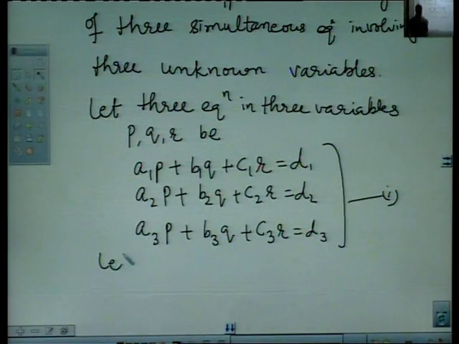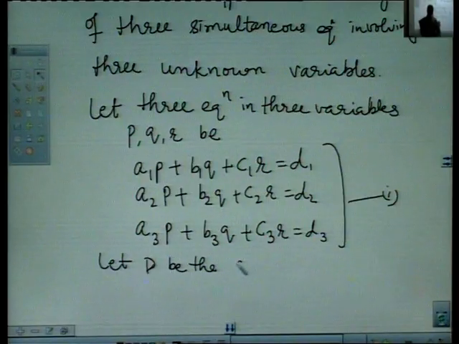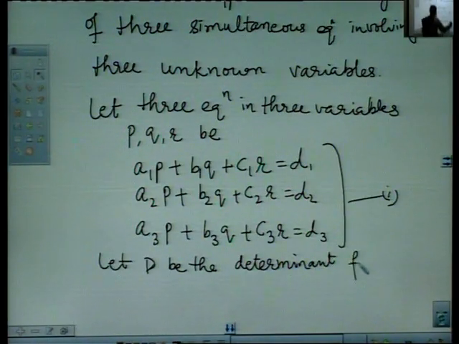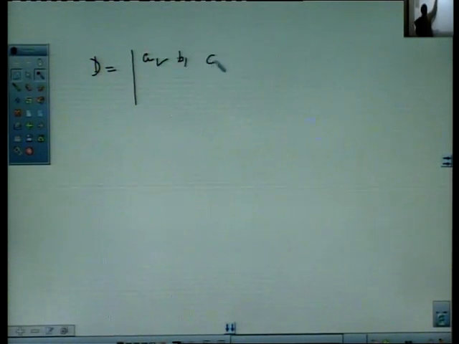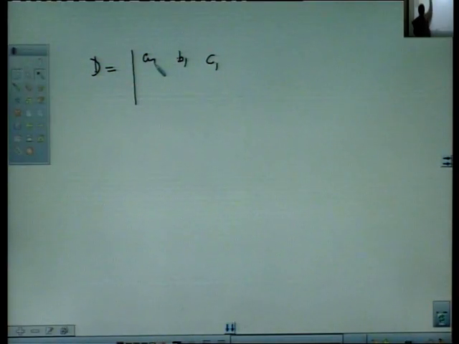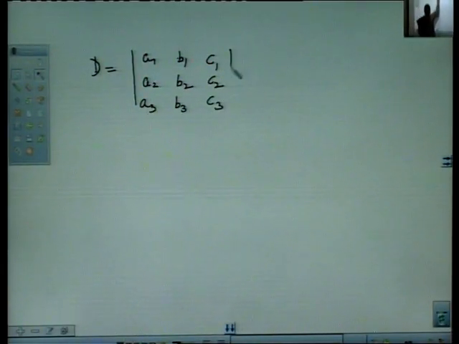Let D be the determinant formed by the coefficients of P, Q, R. Means D is A1, B1, C1, A2, B2, C2, A3, B3, C3.